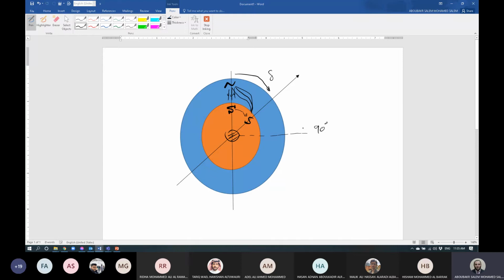Now, if we have the relation now, which is power equals EF V terminal over XS sine delta. And you know sine delta from 0 to 90 degrees is linear, which means delta is proportional to sine delta. So V terminal is constant, XS is constant.